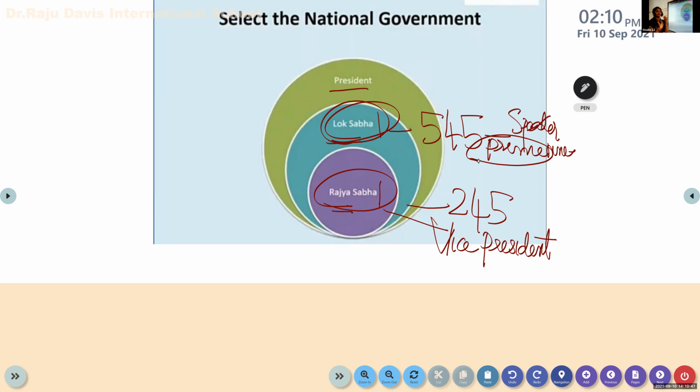That means the party which forms the government. Then it is presided over by the Speaker. Then Rajya Sabha, total members 245, chaired by the Vice President.